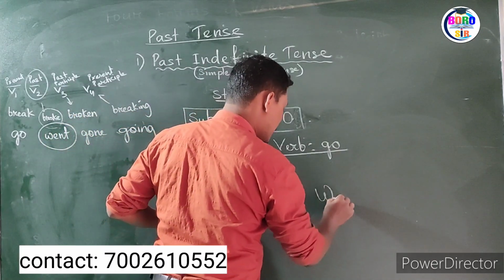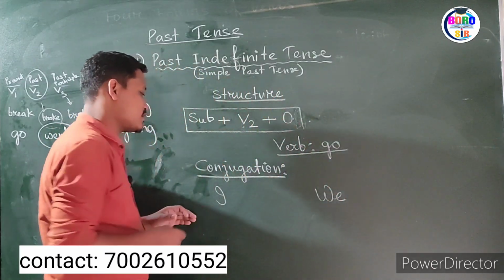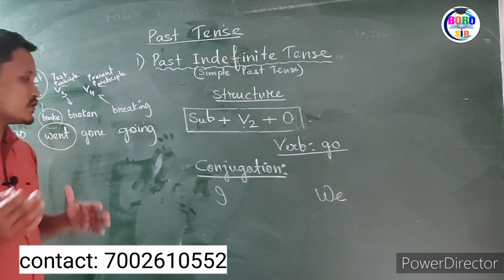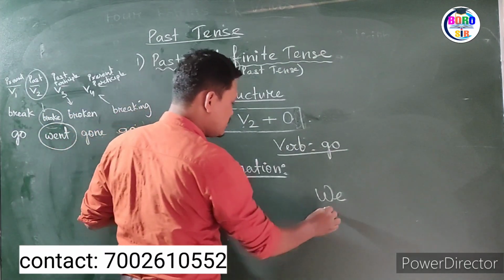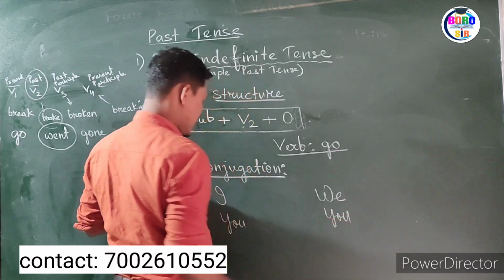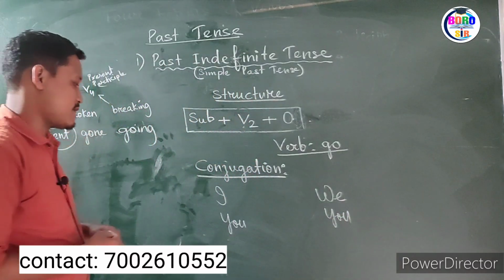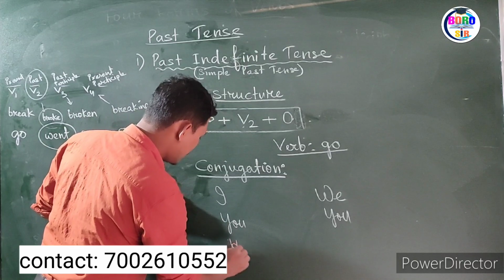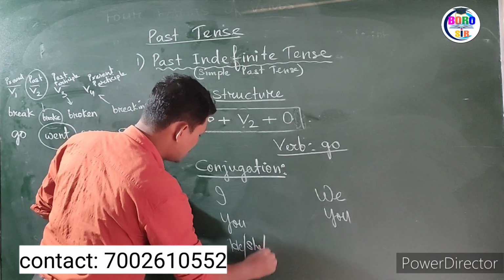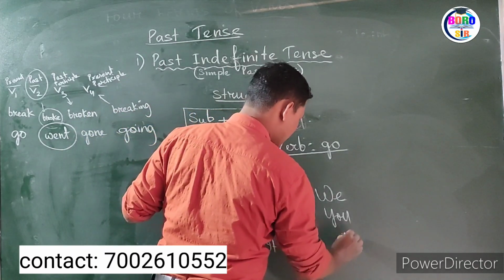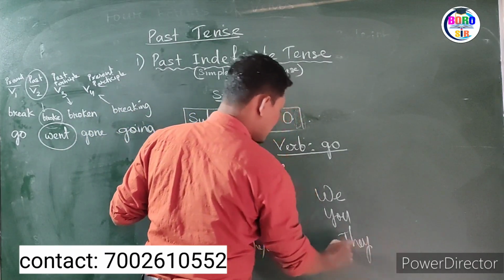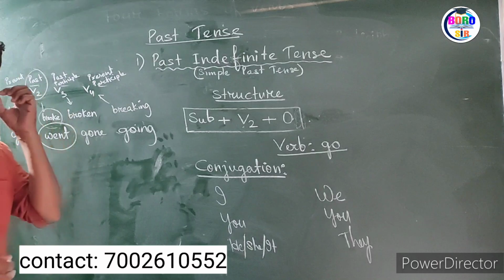Then we is the first person plural number. Next we have you in the second person. Third person is he, she, and it. Then we write they in the plural.